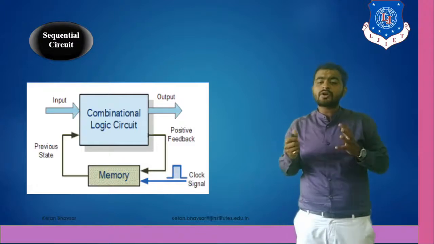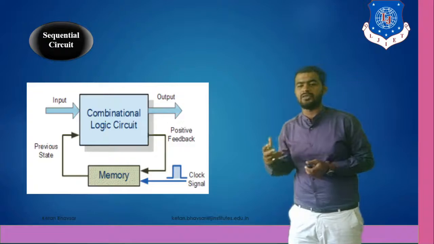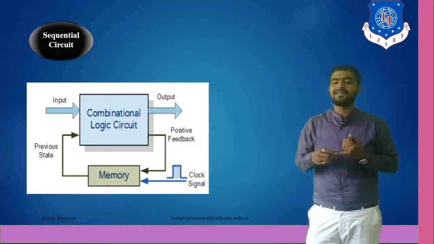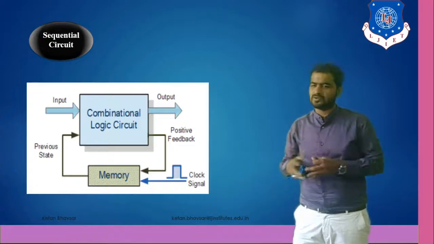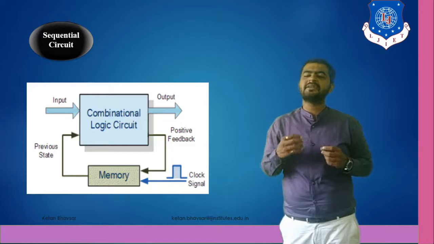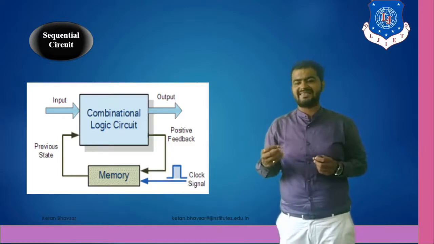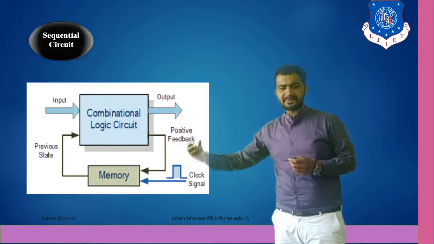Basically, when we are talking about the clock signal, there are two types of clocks, rising and falling. You can work on the rising or on the falling edge. But the clock pulses generally depend on a pulse generator based circuit.